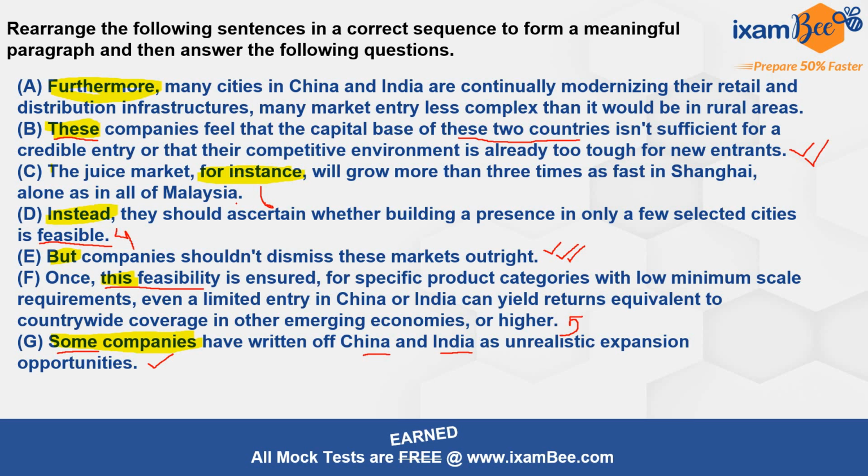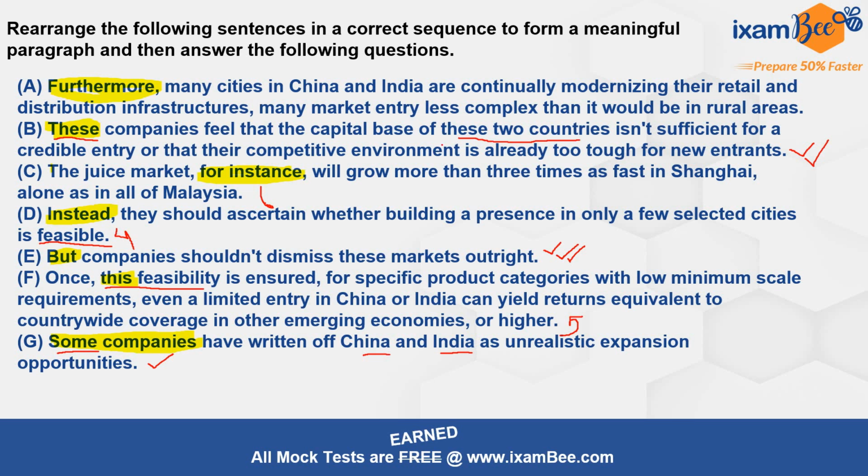So it says that if these companies establish themselves only in Shanghai, the juice market is going to produce proceeds, the profit or the revenue, 3 times what Malaysia is going to produce on its own, right?